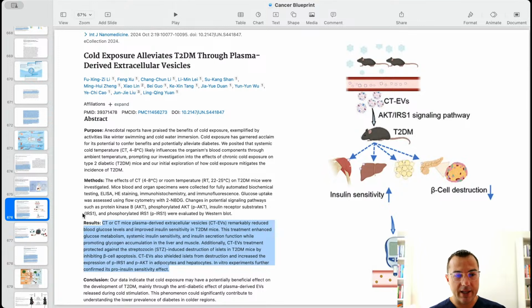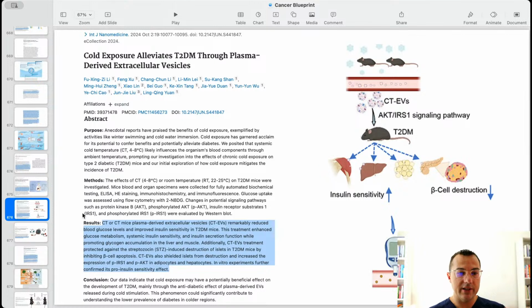This treatment enhanced glucose metabolism, systemic insulin sensitivity, and insulin secretion function while promoting glycogen accumulation in the liver and muscle.